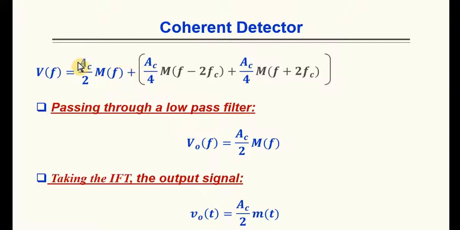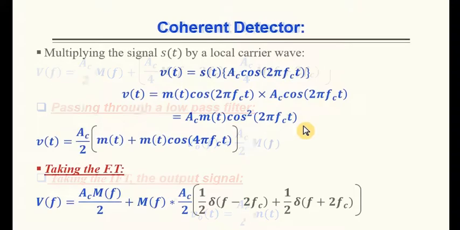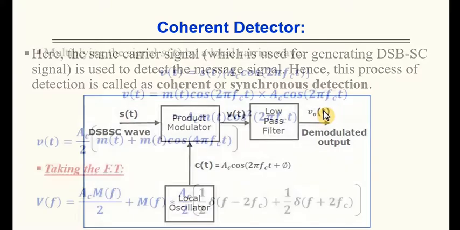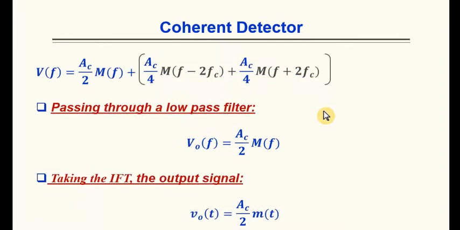Then we will be left only with the low frequency component, which is capital M of f with a factor actually. So passing through a low pass filter, then V out of t, this is our output voltage here, the demodulated output signal, which should be the message signal. So definitely V out of f is equal to AC over 2 capital M of f.